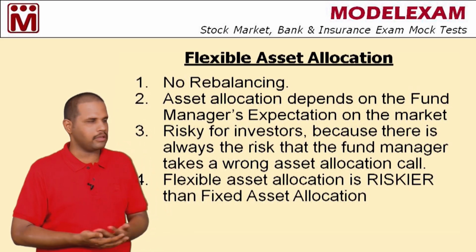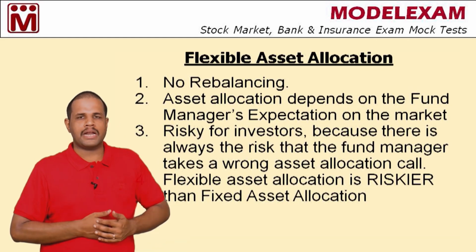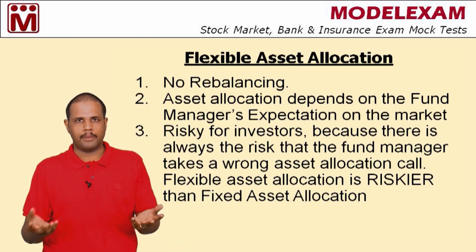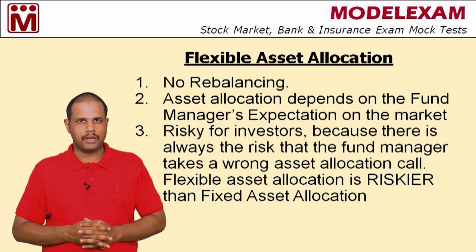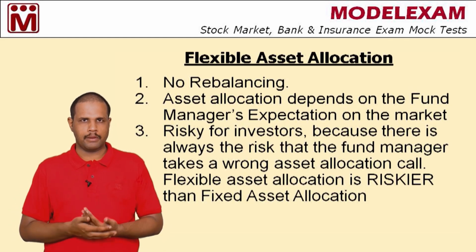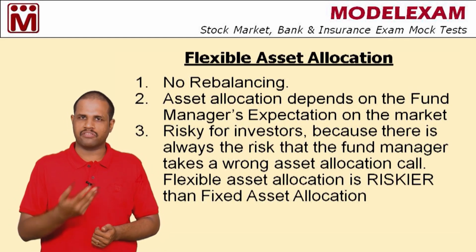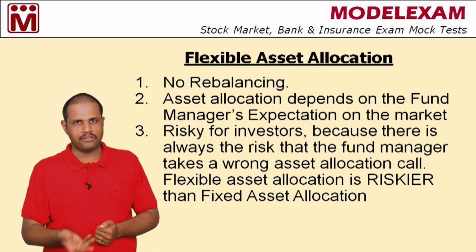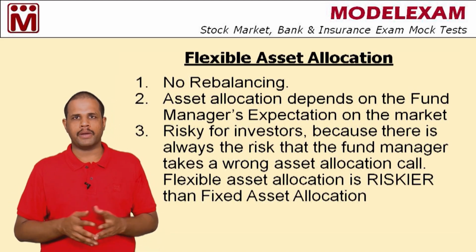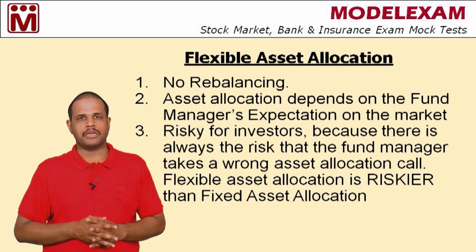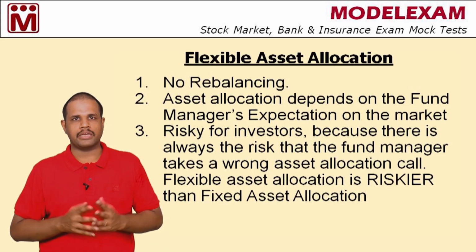So the same logic is applied here. The fund manager takes a call based on the market condition. So there is no fixed rule here. It can be anything, like more into equity, less into debt, or more into debt, less into equity, or more into gold. It can be anything based on the fund manager. This type of asset allocation is known as flexible asset allocation.